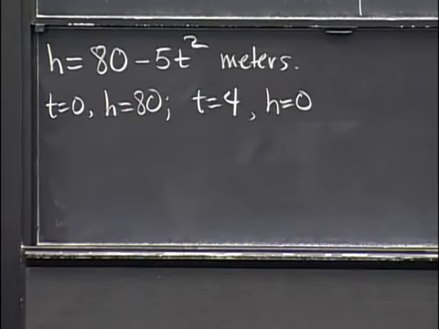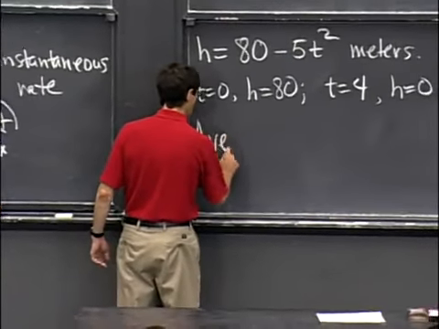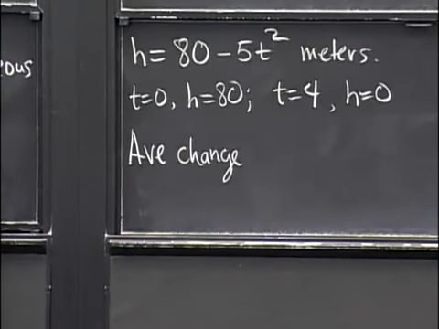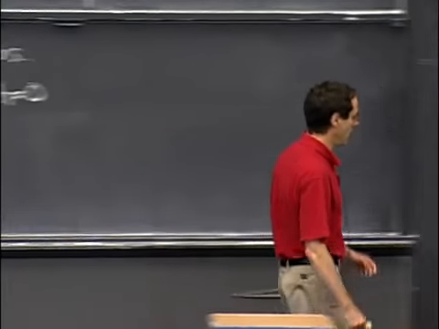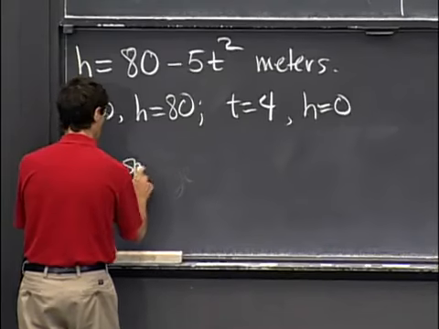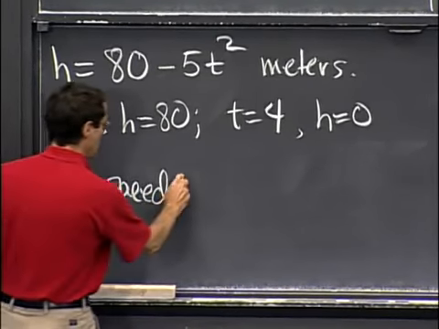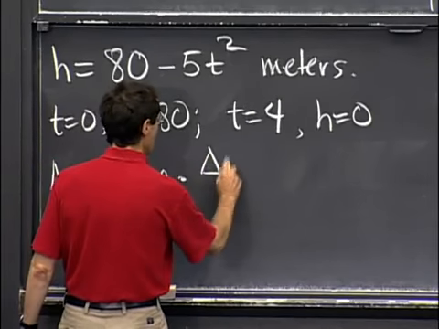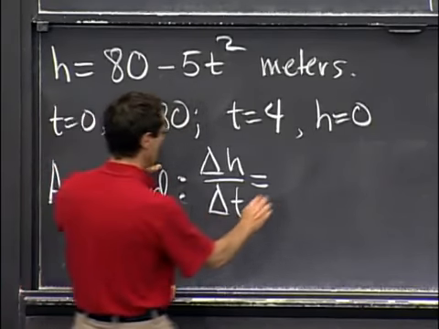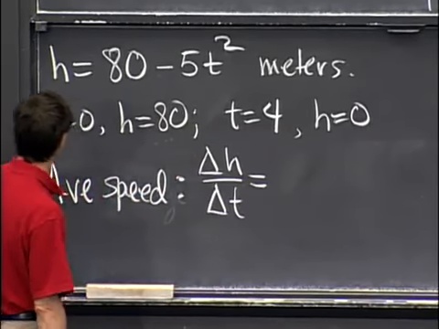Okay, so this notion of average change, or the average speed, since that's over this time that it takes for the pumpkin to drop, is going to be the change in h divided by the change in t, which is, what does it start out as?